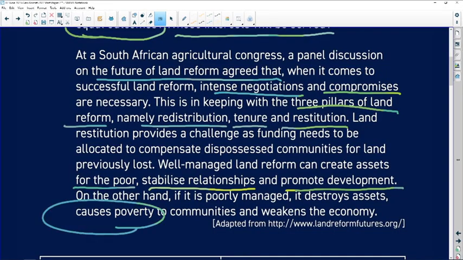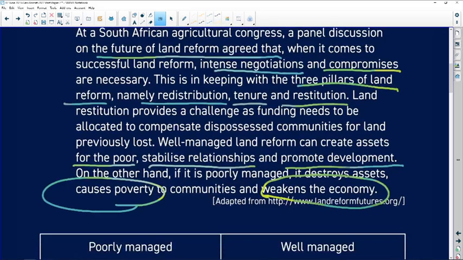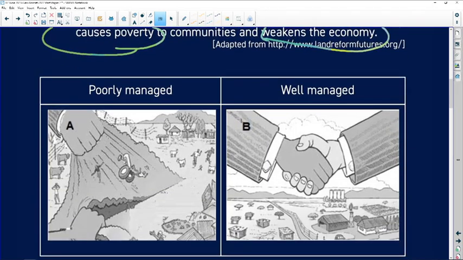As you can see, we want to try and remove poverty from communities. And when this land reform does take place, the last thing we want to do is weaken the economy. We still need to add to the GDP. If it's well managed and there's an agreement taking place, it's not going to be subsistence farming, it's going to be commercial farming, which is there to make a profit.